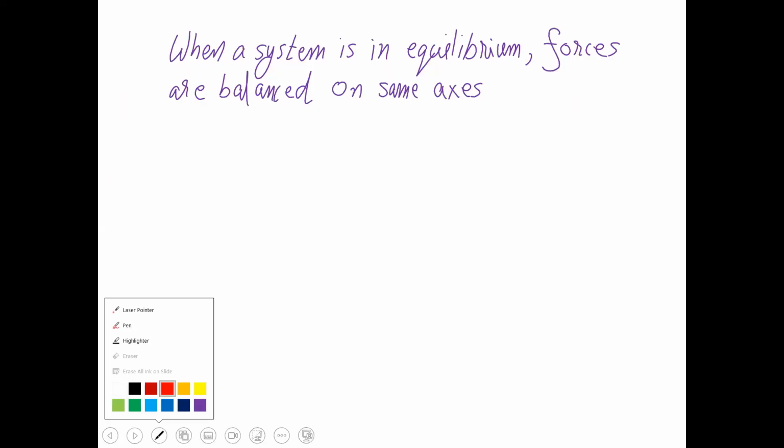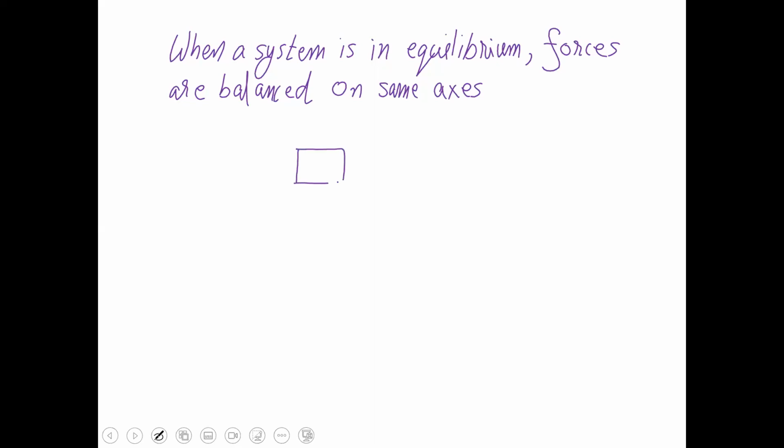Now, for example, this is a block and it is on a surface. This is the driving force F and this is the friction f. System is in equilibrium.